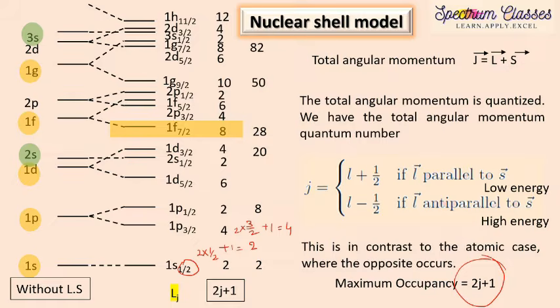You can simply calculate, or you can use the trick that you simply add 1 to the numerator, because the 2 cancels out. So 3 plus 1 equals 4, and 1 plus 1 equals 2. So 2, 4, and here 5 plus 1 is 6, then 2 and 4. Similarly, you can do this for the others. So this is the maximum occupancy.